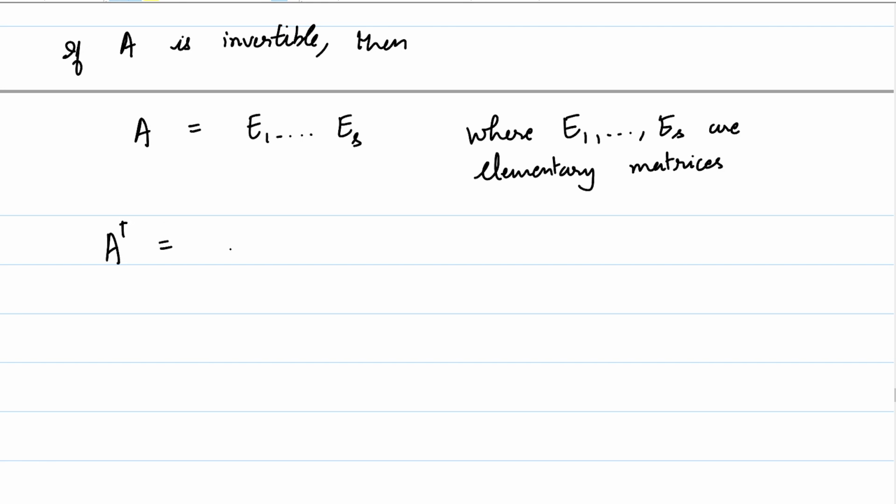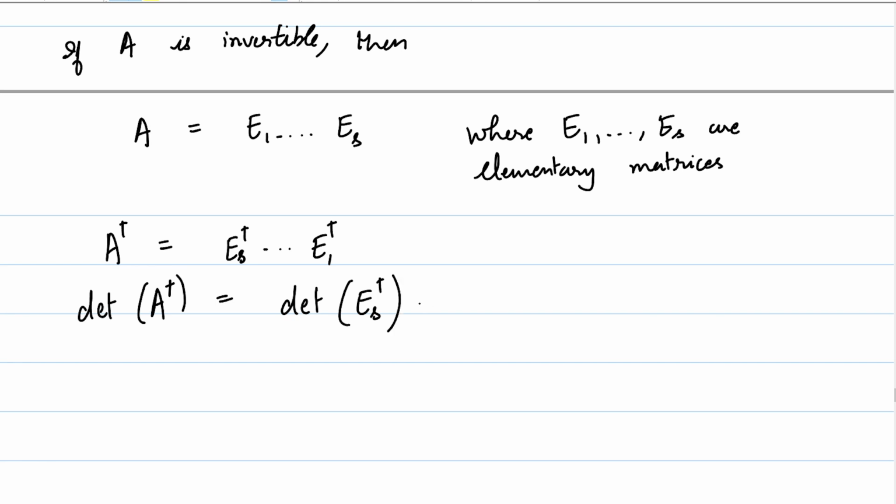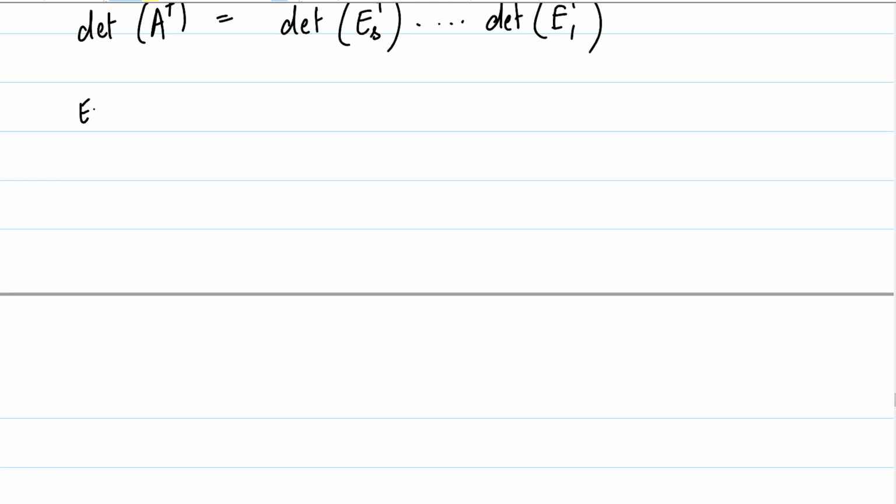A adjoint is just going to be equal to E_S adjoint up to E_1 adjoint. And determinant of A adjoint is equal to the determinant of E_S adjoint times up to E_1 adjoint. Let me skip a few steps saying that this is equal to the product of these. But then I'll leave it as an exercise for you to check.